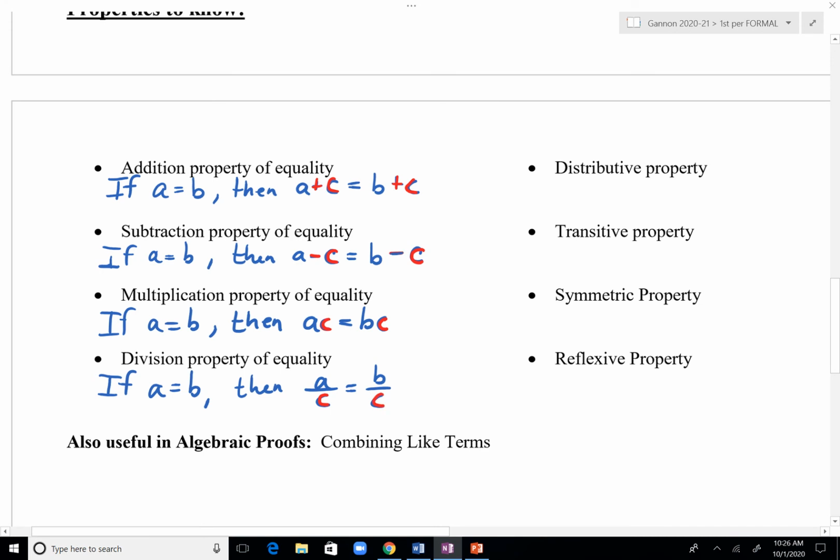And again, it's just that idea that you can add the same thing on both sides of an equation, you can subtract the same thing on both sides of an equation, multiply both sides of an equation, or divide both sides of an equation by the same thing, and you still get an equation that's true.